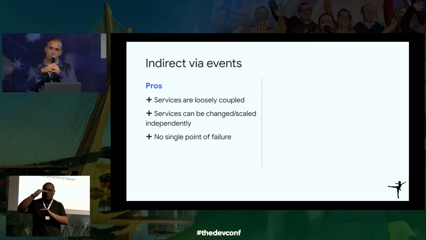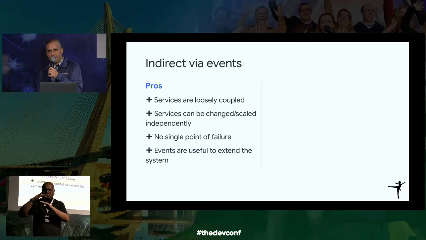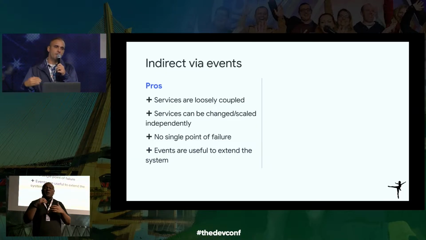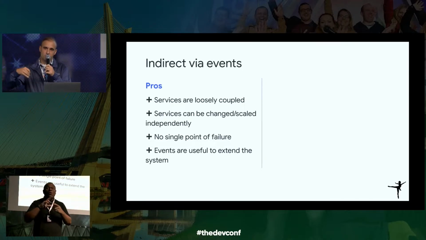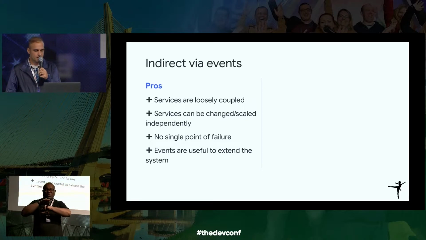Your services can still function at some level, and that's a good thing as well. And events are very useful if you need to extend your system. If you need to add a new service, all you need to do is deploy that service and configure what events it has to get, and that's it. You don't need to change the rest of your architecture.